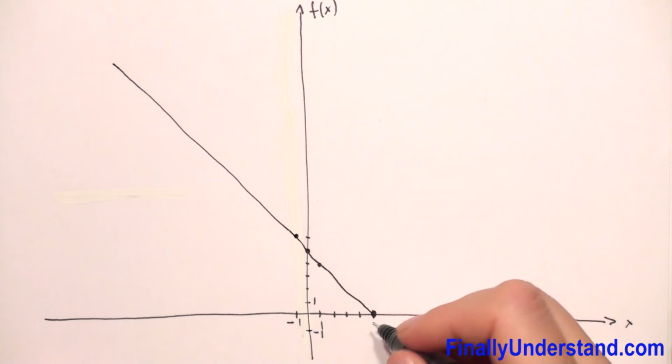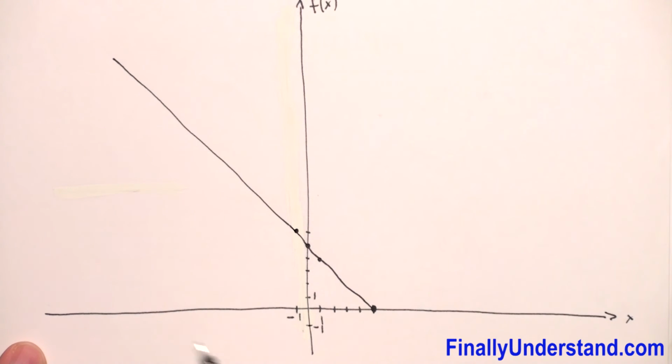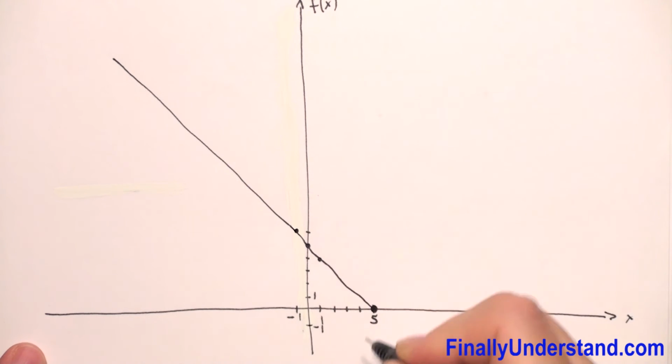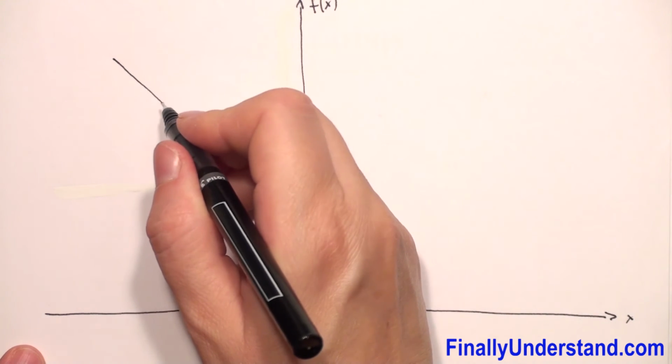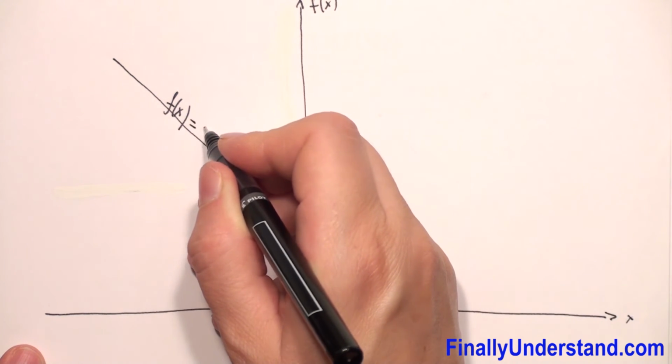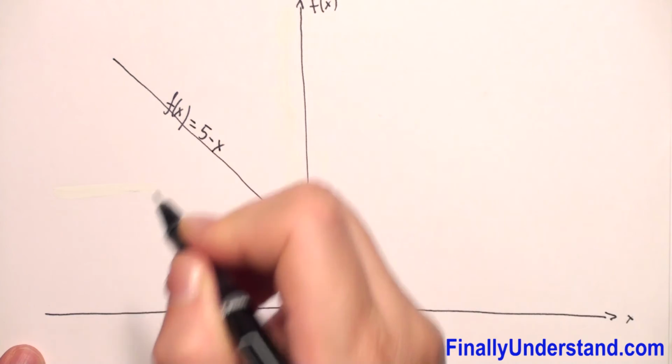And we have the graph from negative infinity to 5. This part is for f of x equals 5 minus x.